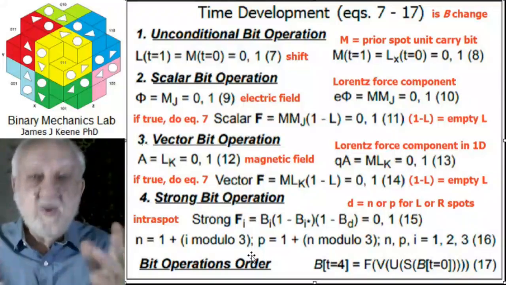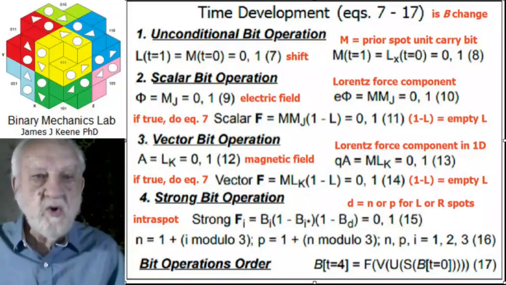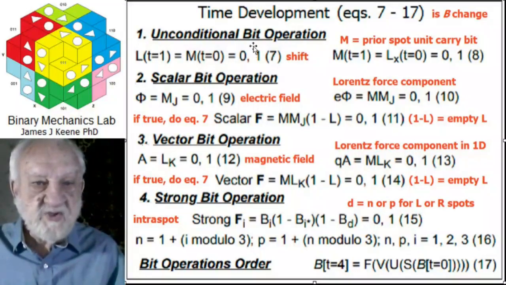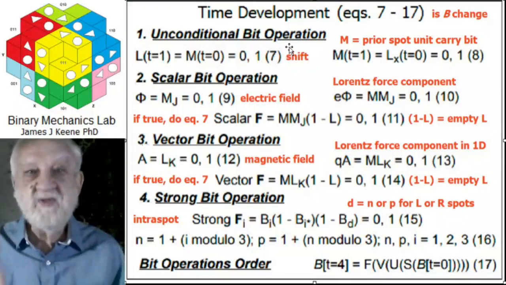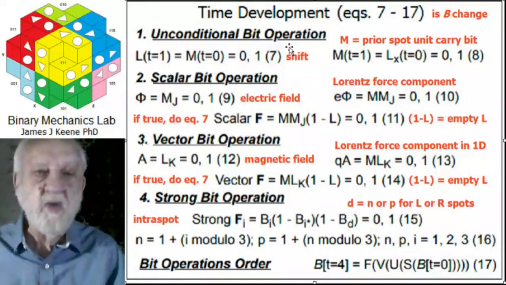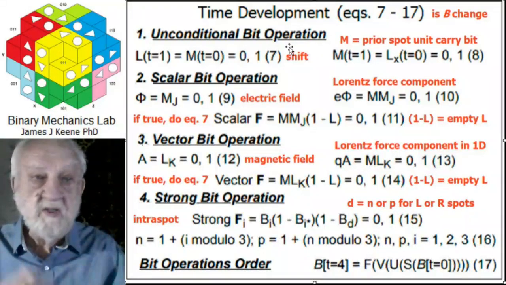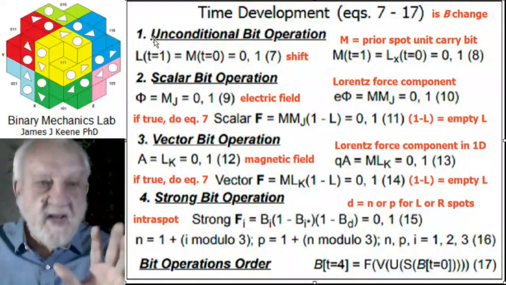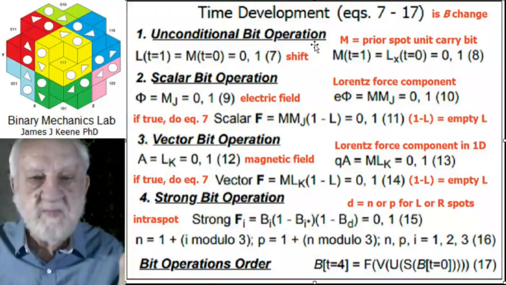So what antiquated quantum mechanics called operators are called bit operations in binary mechanics. With reference to the relativistic Dirac equation, we had to move into our quantized world and represent momentum in the unconditional bit operation, which is really simple.